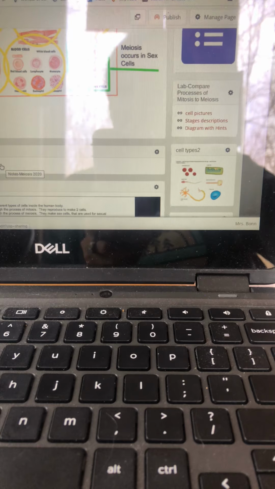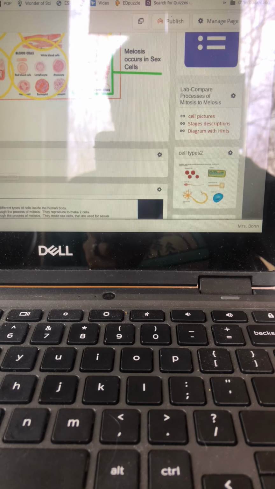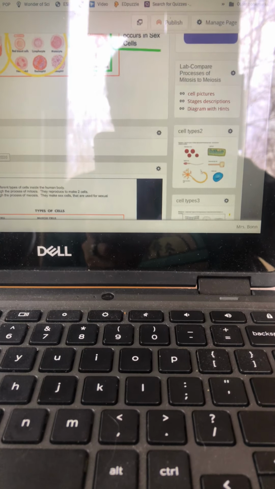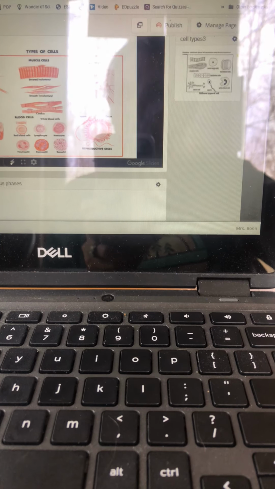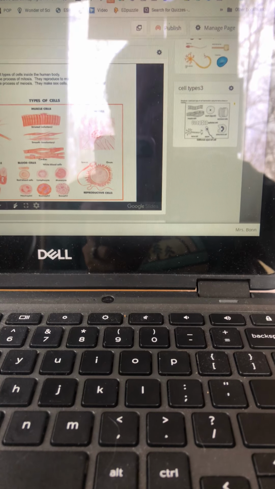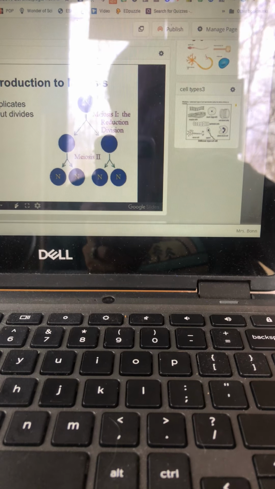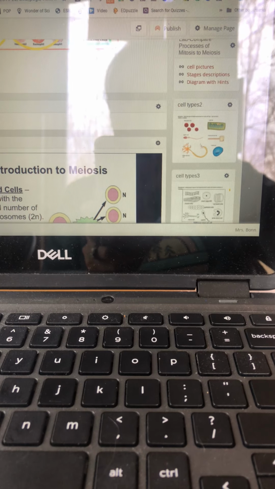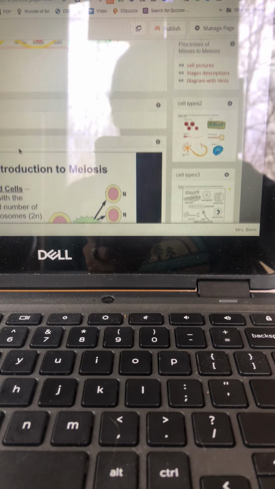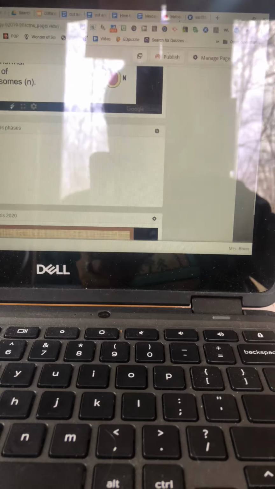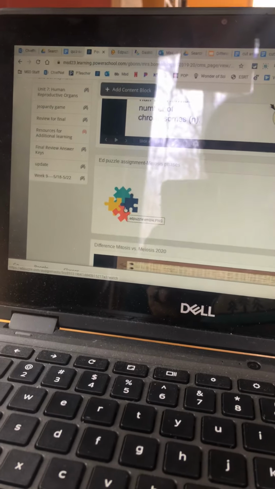So you have a couple of assignments. Your first assignment is to complete the notes. The notes go with the slideshow that is underneath it. The Meiosis 2020 notes goes with the Meiosis 2020 notes. Your second assignment is an Edpuzzle that looks at the stages of meiosis.